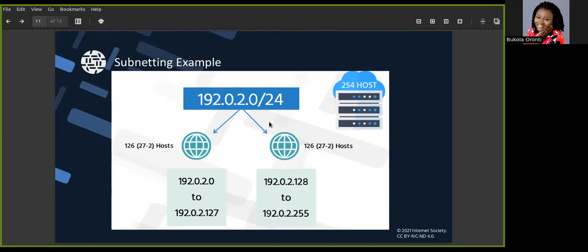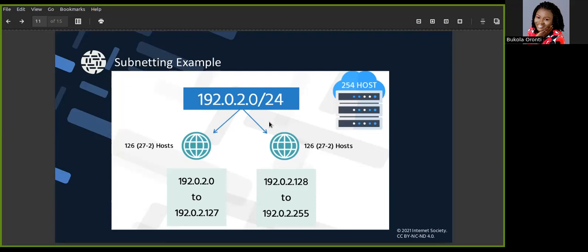So that's an example of when we can do subnetting. You break a slash 24 into two slash 25. So human resource has a slash 25 for its own group of hosts, and manufacturing has a slash 25 for its own.